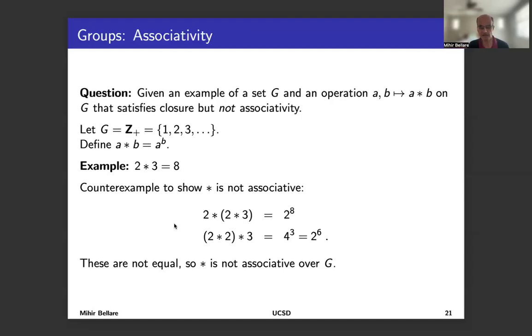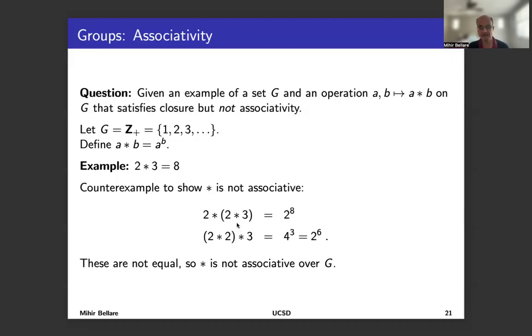How do I show it's not associative? Again, in a little exercise in logic, associative says for all triples a, b, c, you can compute a star b star c with parentheses wherever you want. To show non-associativity, all I need is a counterexample, one triple for which that fails. So the counterexample I'll pick is the numbers 2, 2, 3.